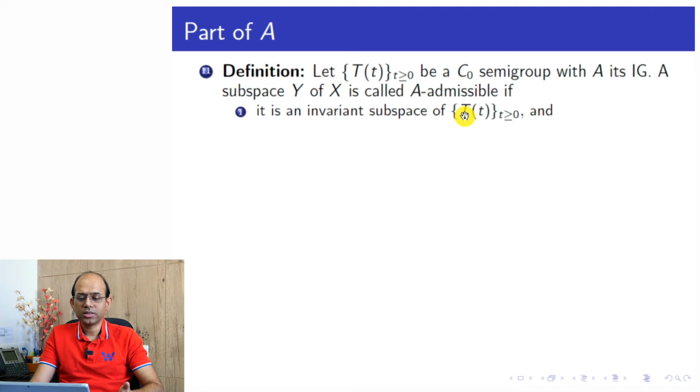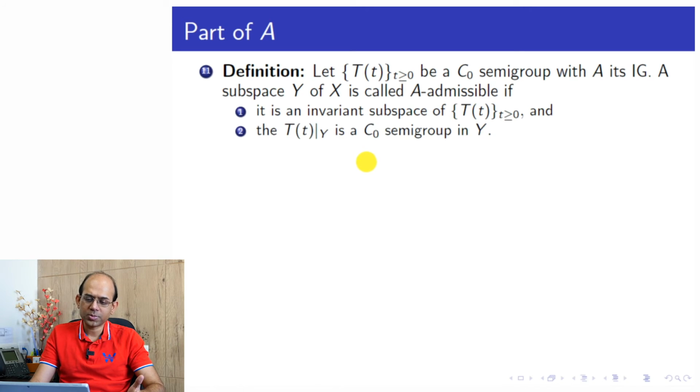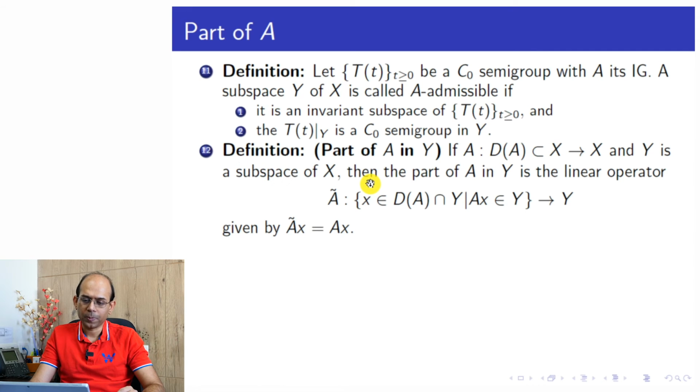That means if we take a point y in Y, then T(t)y would also be in Y. So this is an invariant subspace. Second, T(t) restricted to Y is a C0 semigroup on Y, meaning that from Y it takes values in Y itself.